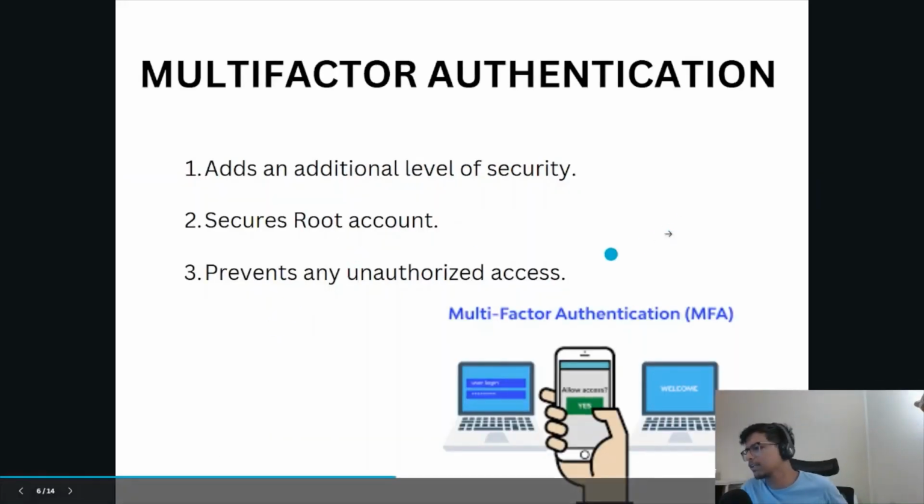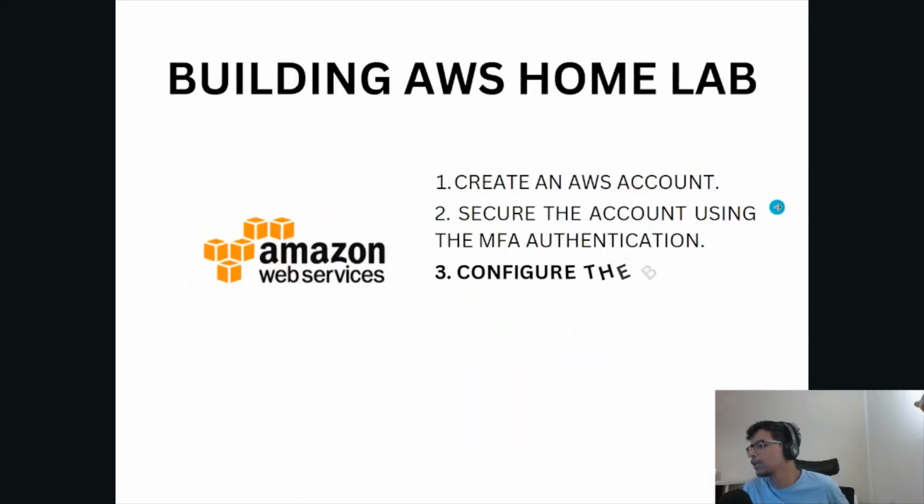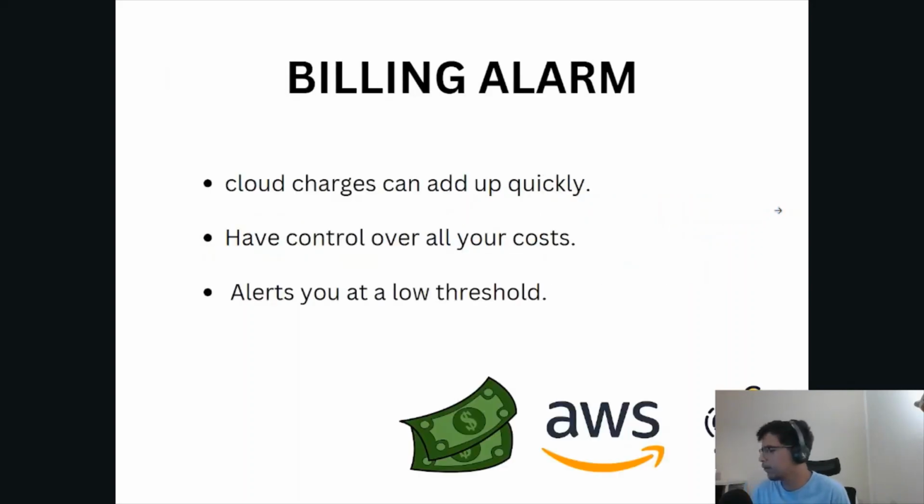The next step that we have to go through is configuring the billing alarm. Now, again, before going and doing it, I want to talk about why you should do this, especially when you're using a free tier account in AWS, how big of an impact it makes.